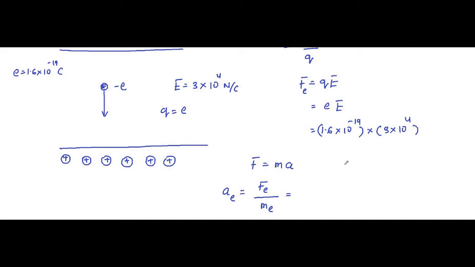That is 1.6 into 10 to the power minus 19 into 3 into 10 to the power 4 by the mass of the electron, 9.1 into 10 to the power minus 31.